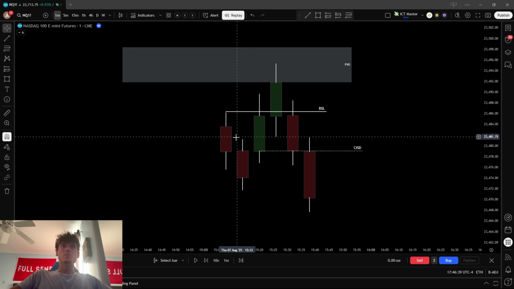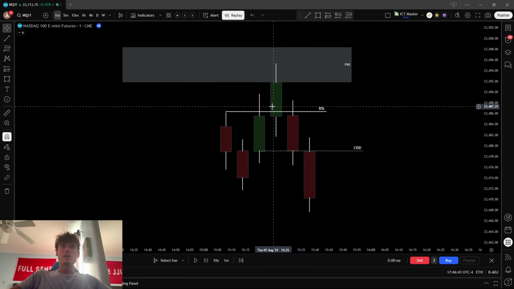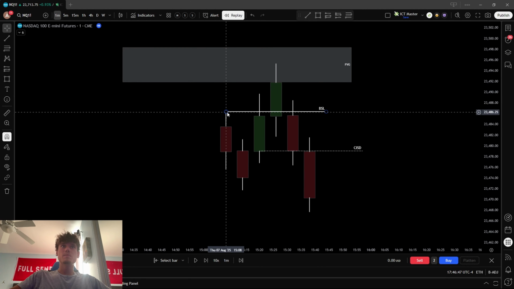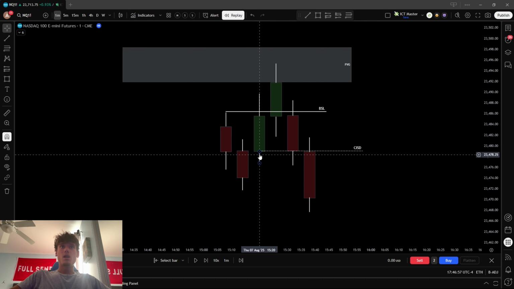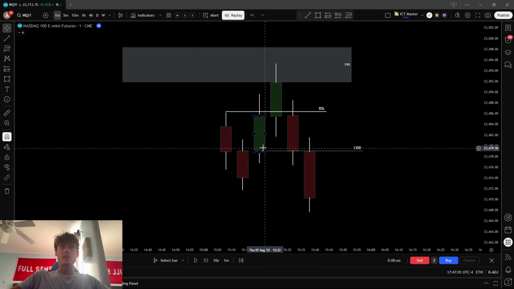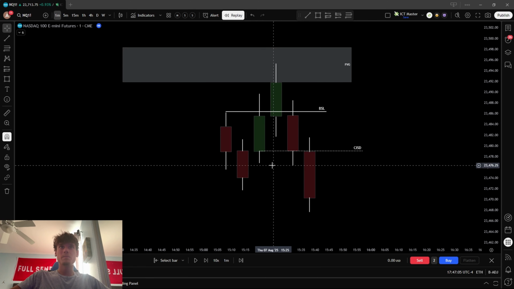Now, what we want to do is we look for a break. The second we see a break, one, two green candles, we break it, and now this is not the higher high anymore. This is a higher low. This is our higher high. Once this becomes our higher high, that means on the last push of green candles, our change of character is right over here, right under this candle, not the wick, the body.